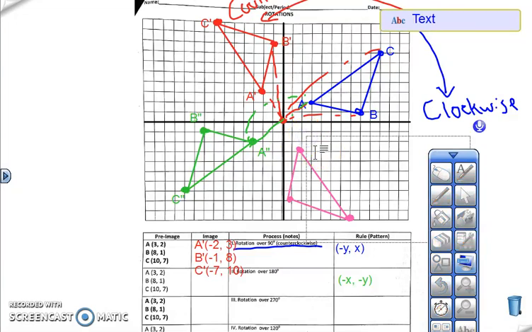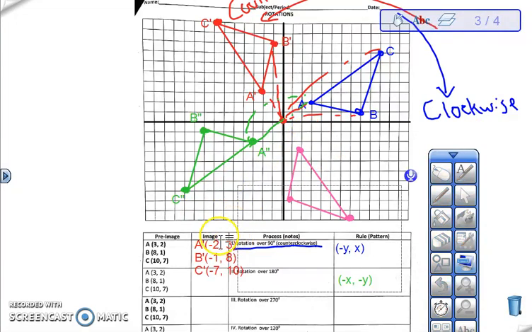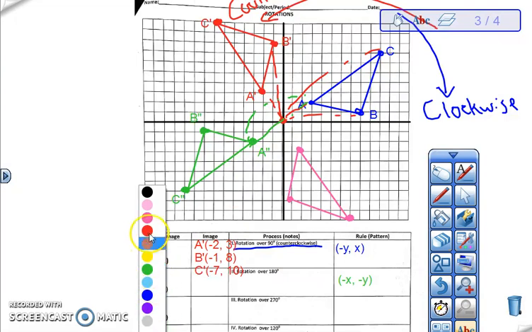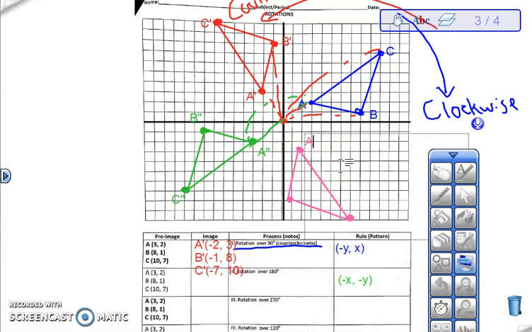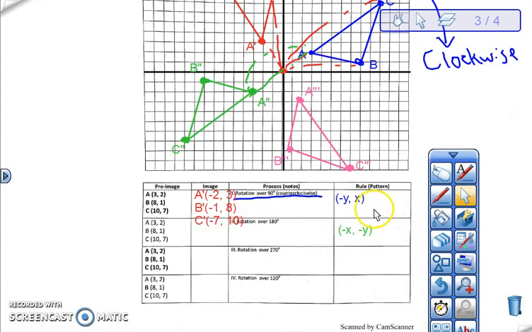So let's label our points. A ended up over here. B wound up down here. And then C wound up over here. So just like the 90-degree rotation, it looks like our X's and Y's have switched places.